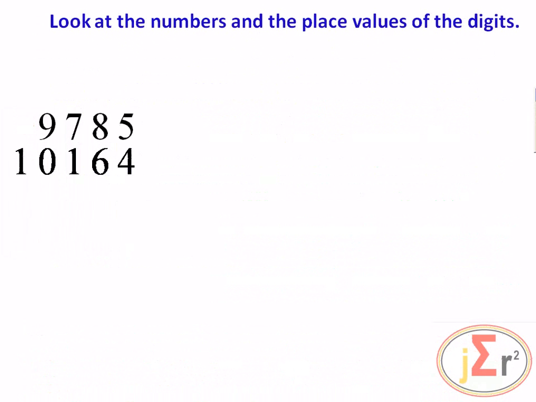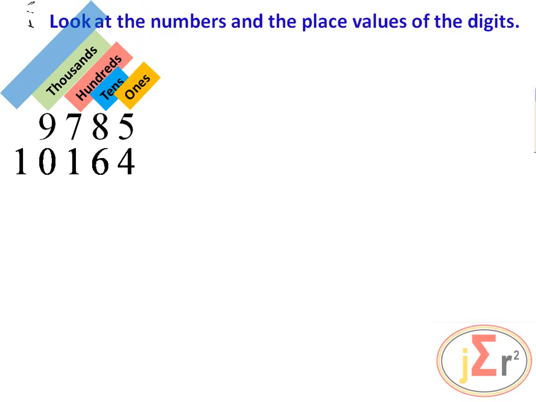Look at the numbers and the place values of the digits. Take a look at that, Jerry. Which number is larger? 10,164. So Jerry is saying that it is 10,164. At the same time, we have only a 1 here, but we have a 9 here, which is a larger digit than the 1.